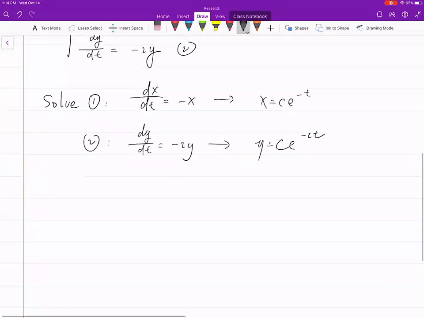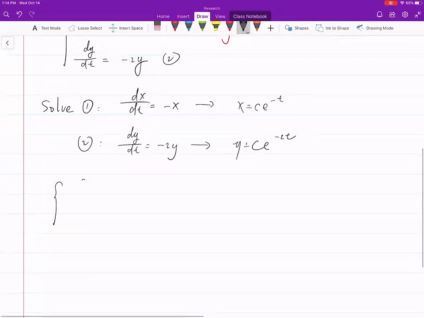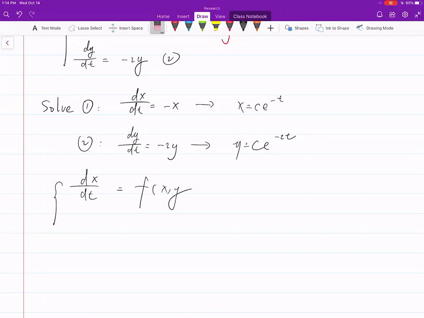Basically, we can write it as something like dx over dt equals f(x, y) before, but really it has nothing to do with y, so it's only f(x). So solving them together or solving them separately really doesn't make a difference.